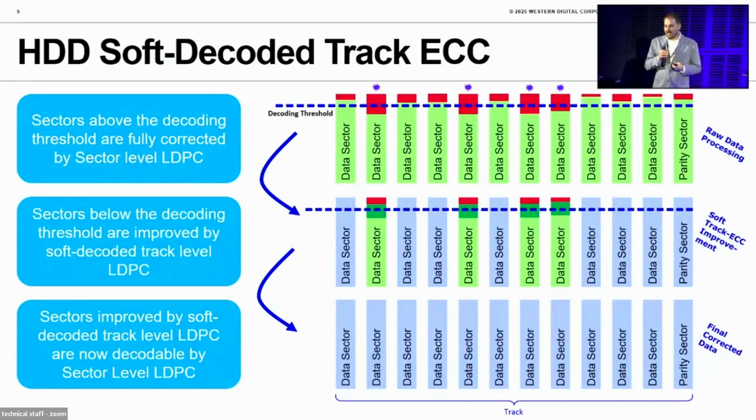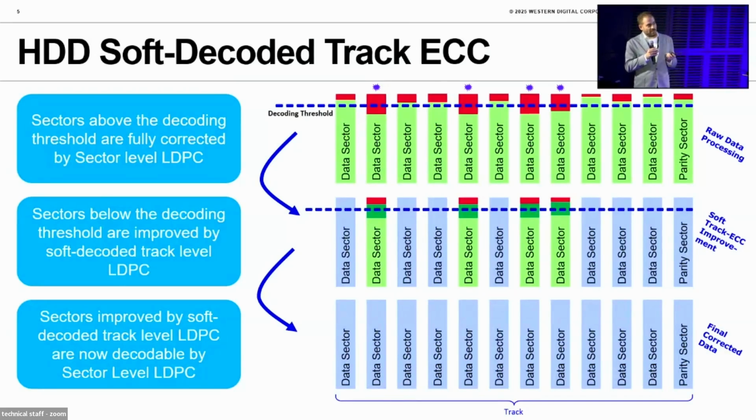Now, how we do our decoding today, and one of the things we use in one of our recording technologies, which is shingled magnetic recording, is, like Omer showed earlier, an inner and outer codec scheme. Each individual data sector is its own code word, so we have to do our decoding for each individual data sector.